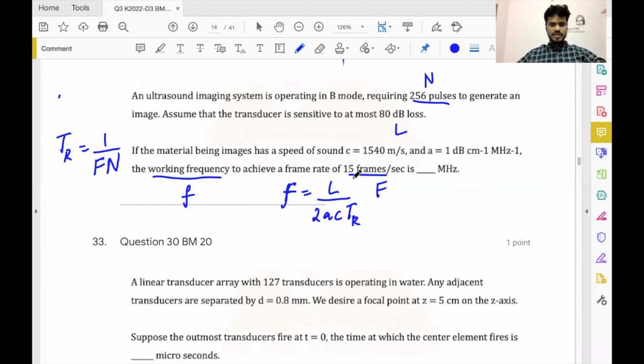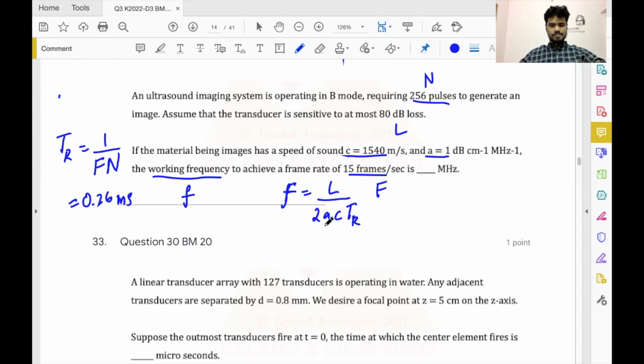Loss is given, and we have A is 1. We have speed, C is given. Then we can get all the things we want. Quickly, what is TR? 1 by Fn. Let's just calculate that. 0.26 milliseconds. Okay, this is 0.26 milliseconds, and then we have other things.